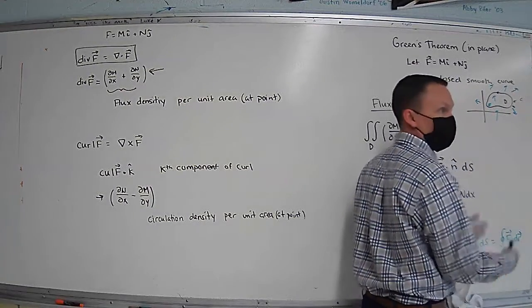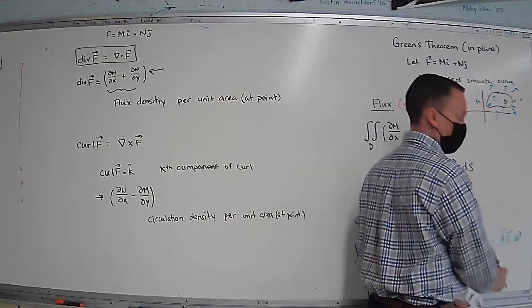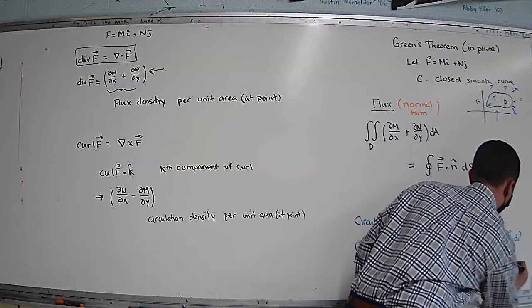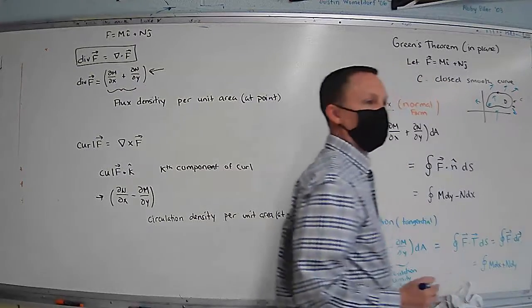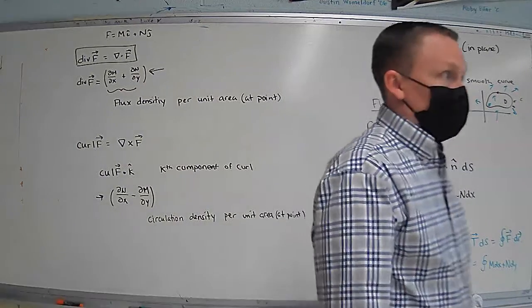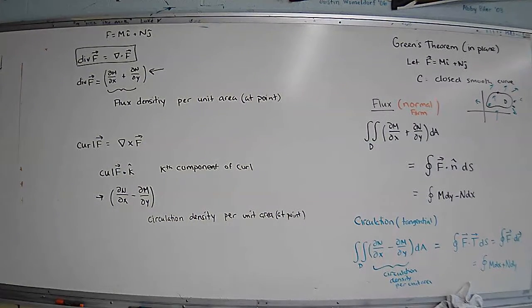Okay, these two are equivalent. What's the third way of representing that? M dx plus N dy. Okay? So these are two major things here, because you've got two ways of looking at the fundamental theorem of calculus in a completely different way.